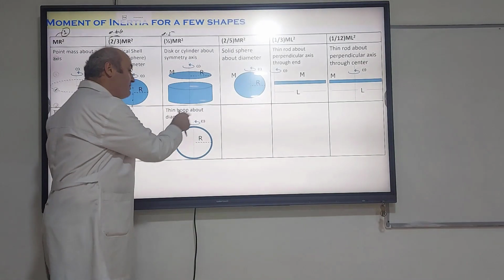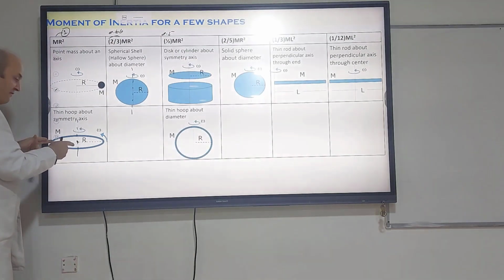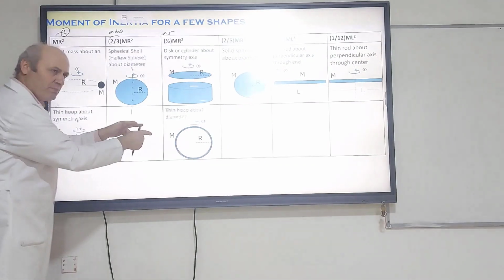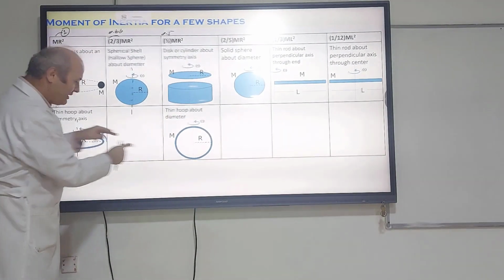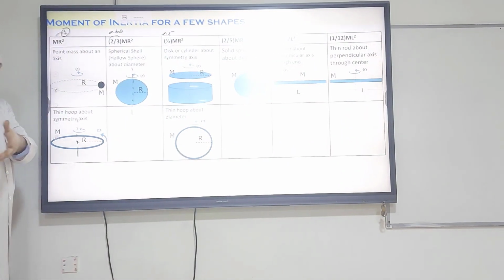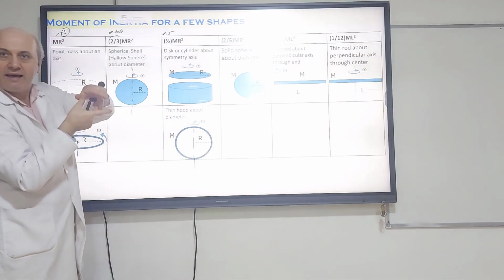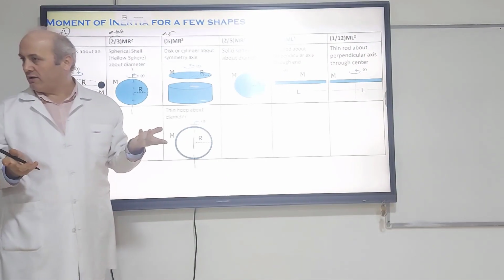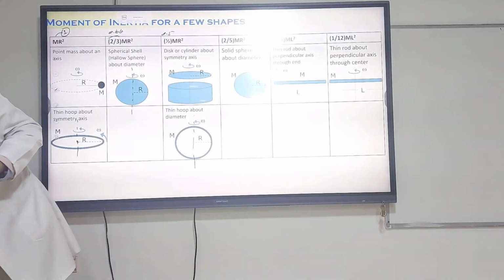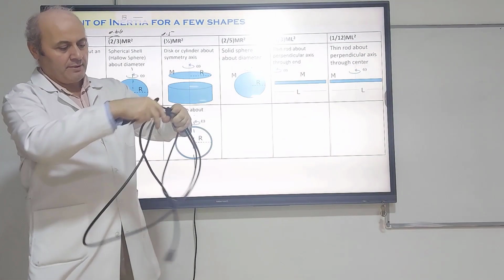And also a hoop about its diameter has 1/2 MR squared. What is it? In fact, the same thing as a bicycle wheel, but here it's rotating about the center, just like a bicycle. Here, you are going to rotate the bicycle wheel around its diameter. So I forgot to bring it, but let's make a hoop like this.